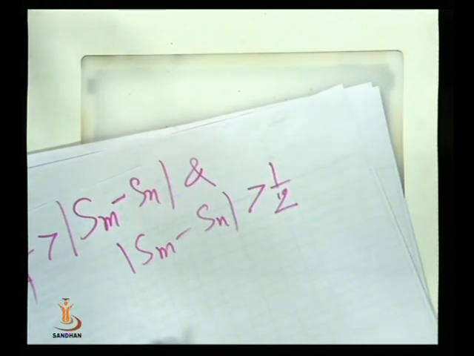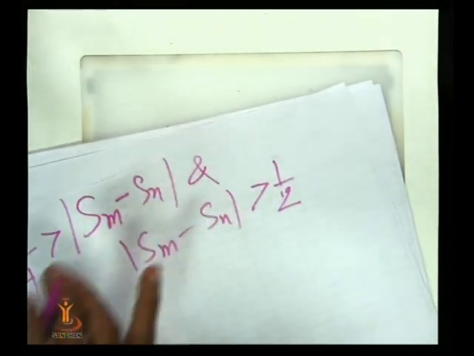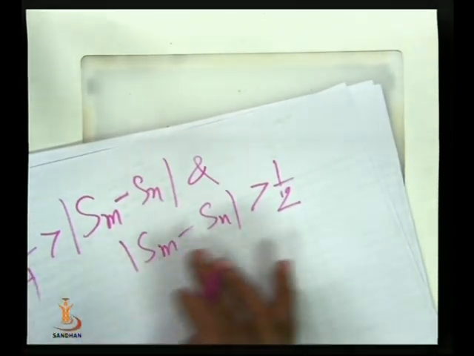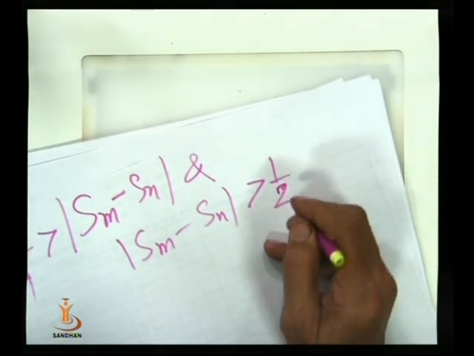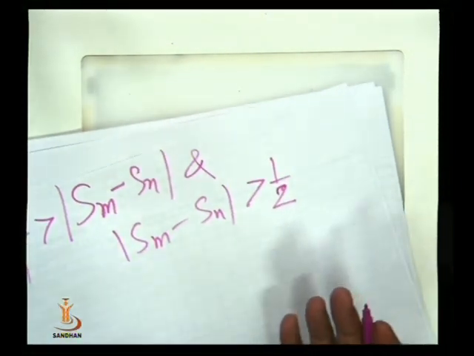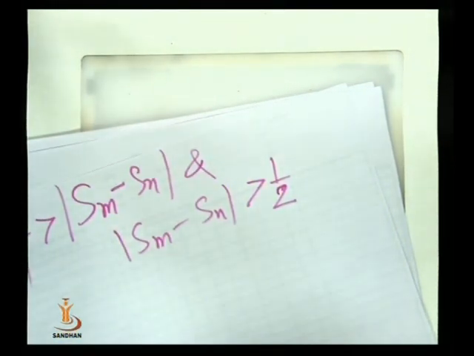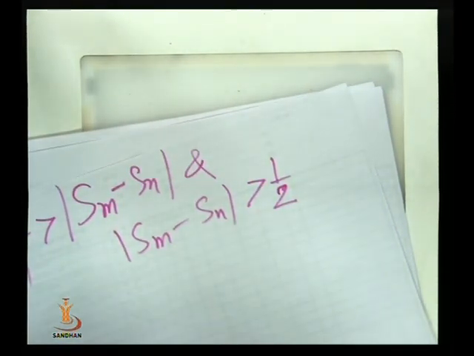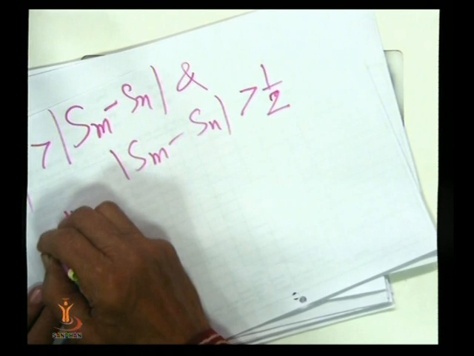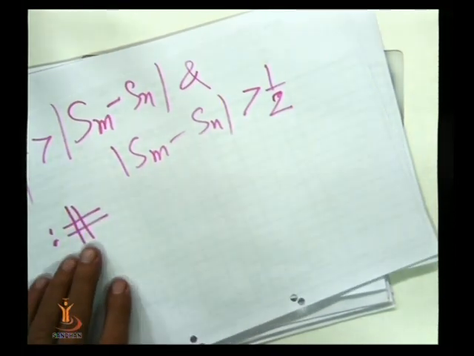Look here, result. This is less than 1 upon 4 and greater than 1/2. An absurd result. You can't have any real number which is less than 1 upon 4 and greater than 1/2. So we have a contradiction.